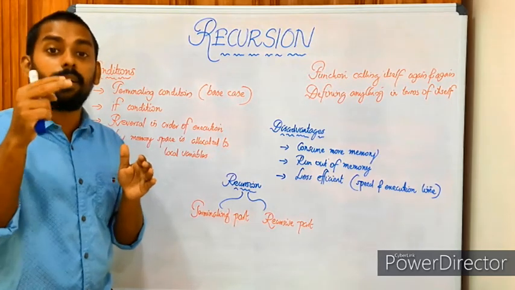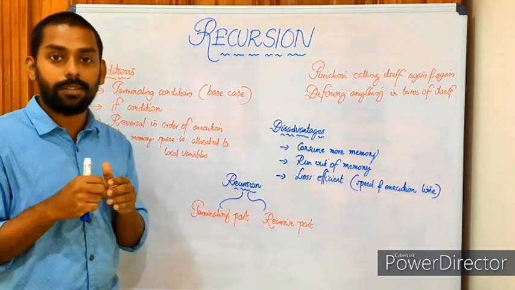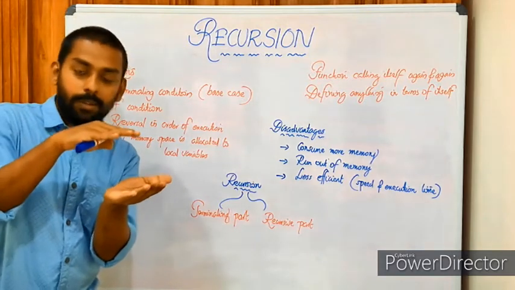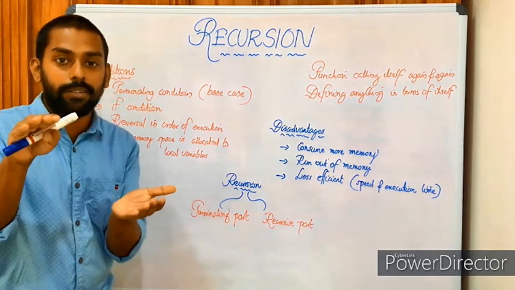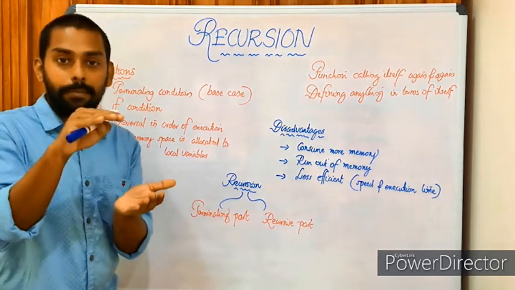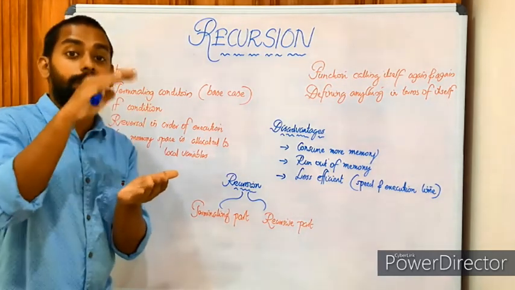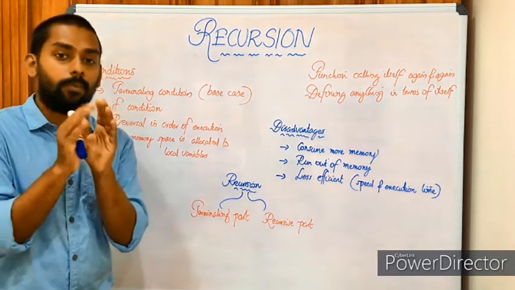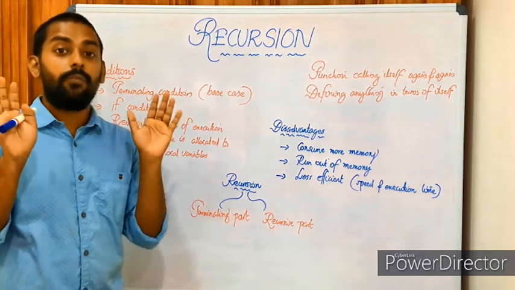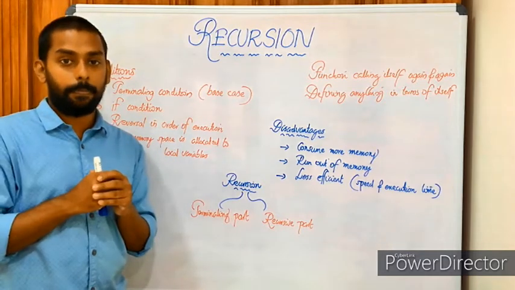And suppose the third time the function is called, what happens? Now we have two function calls on the stack, and the third will not be executed immediately. It will be placed onto the stack just above the second, okay? Suppose we have only three function calls, which one will be executed first?